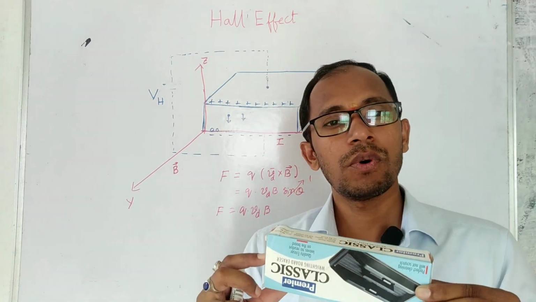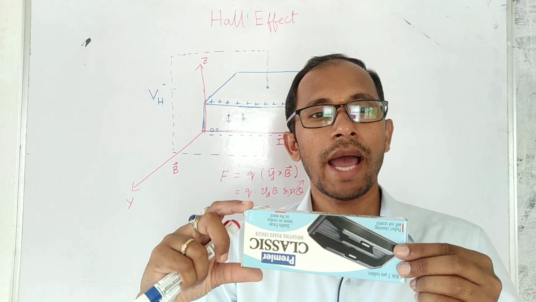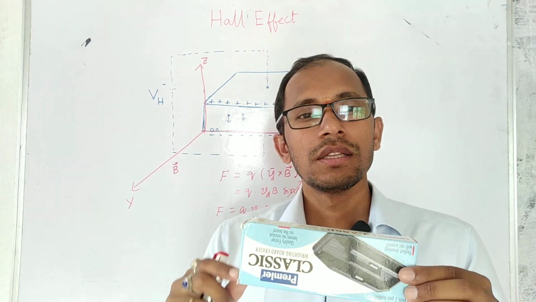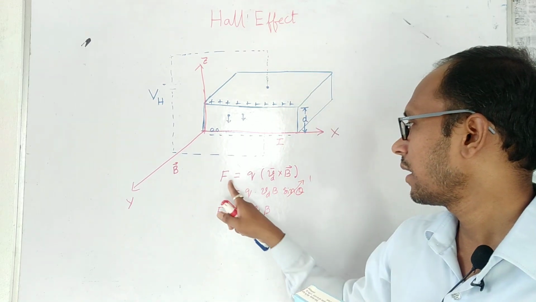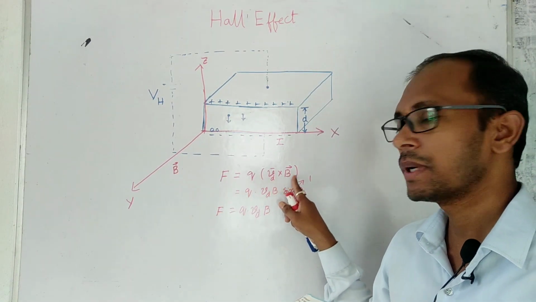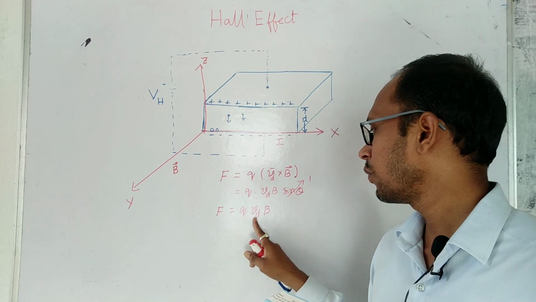Then what force is acting on it? Because of the magnetic field, the force acting on the charge carriers is F equal to Q into V cross B, that is F equals QVB.